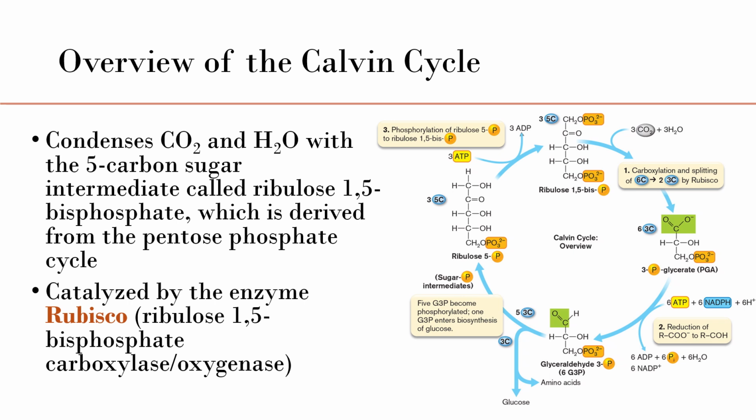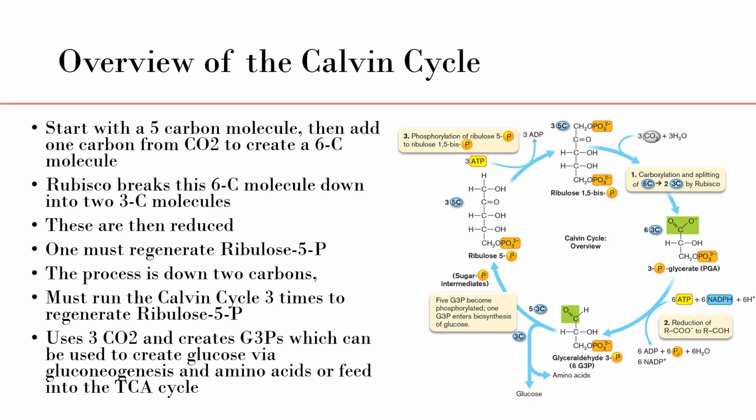So if we look at really what's happening here, I'm going to go to the next slide. We're starting with a 5-carbon molecule, and we're taking CO2 and we're adding 1 carbon to it. This creates a 6-carbon molecule, like something like glucose. And then we're going to take that 6-carbon molecule and break it in half. So now we have 2 3-carbon molecules.